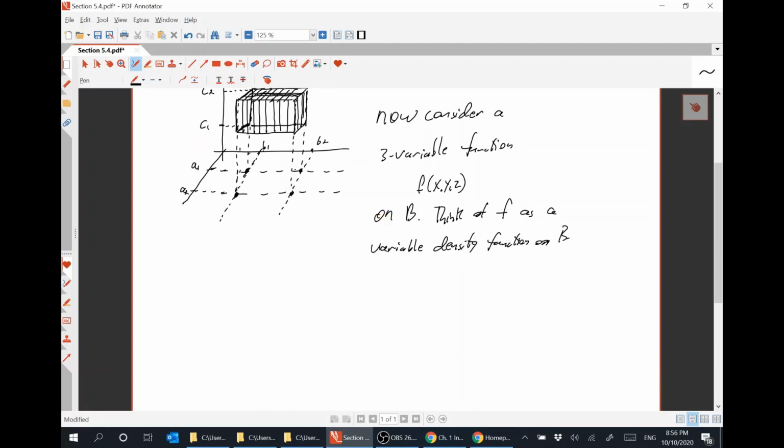So now let's define a triple integral in 3 dimensions using f in the analogous fashion that we did in 2 dimensions. Let delta x equal a2 minus a1 over n, delta y equal b2 minus b1 over m, and delta z equals c2 minus c1 over l.